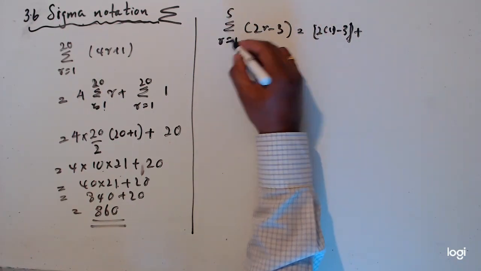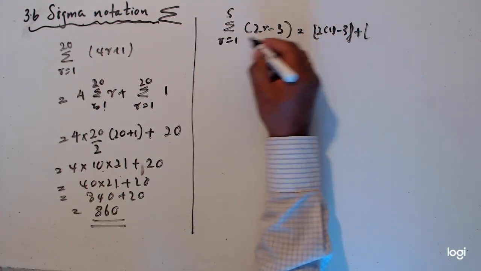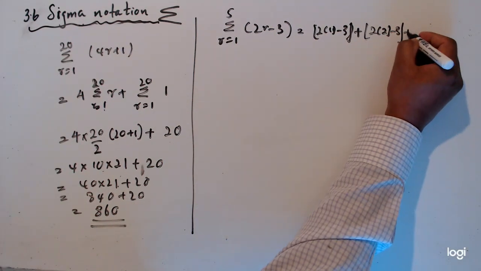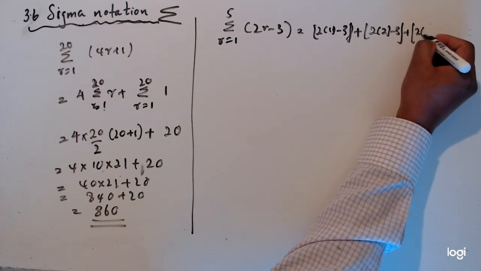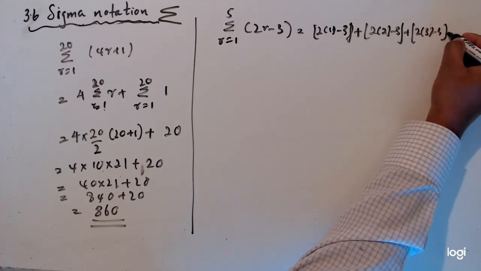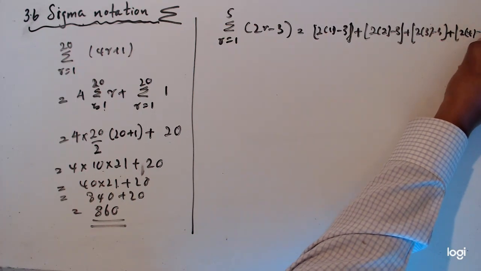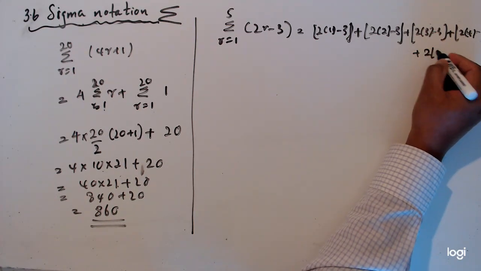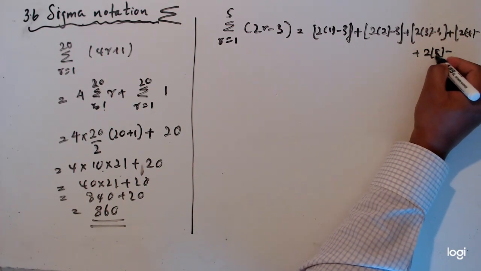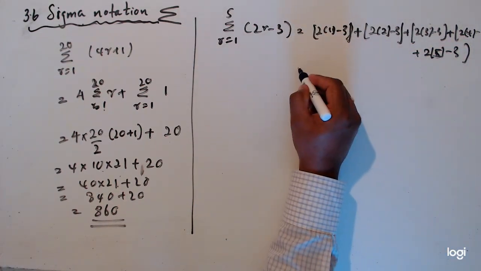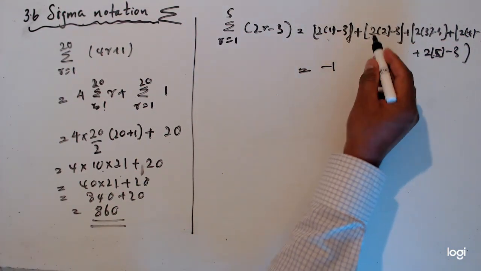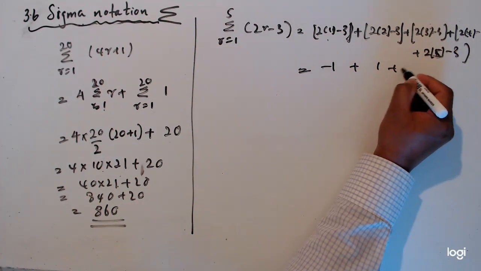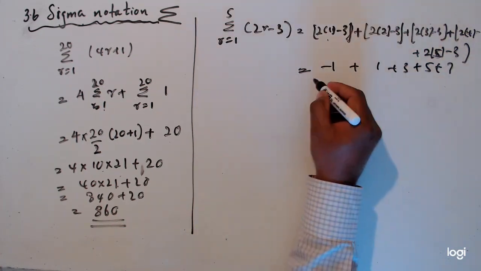And the second one, r equal 2, 2 times 2 minus 3, and 2 times 3 minus 3, 2 times 4 minus 3, and the other one 2 times 5 minus 3. So when you simplify this one, you will get minus 1, this is plus 1, and then this is plus 3, plus 5, and plus 7.